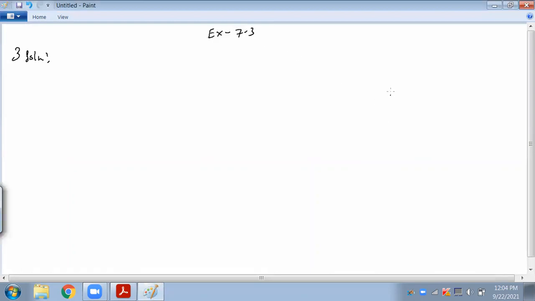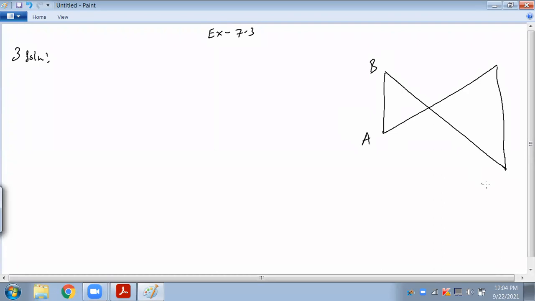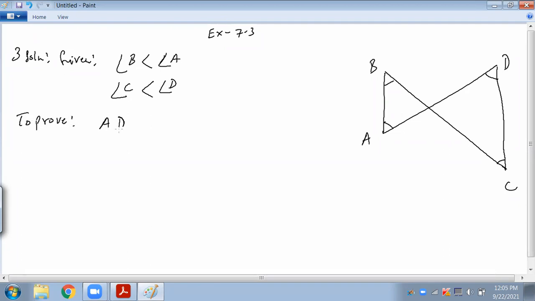The figure is given to you, with points A, B, C, and D. Given is what? Angle B is less than angle A, and angle C is less than angle D. To prove what? AD is less than BC. Okay, let's prove.